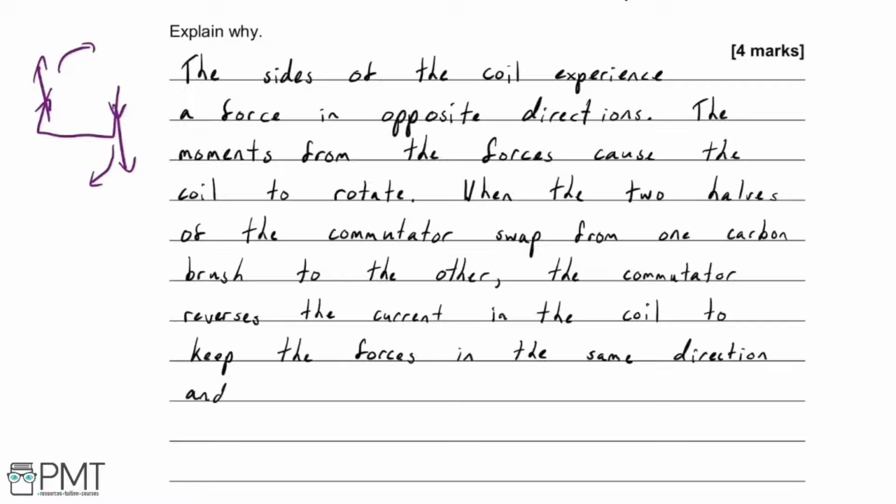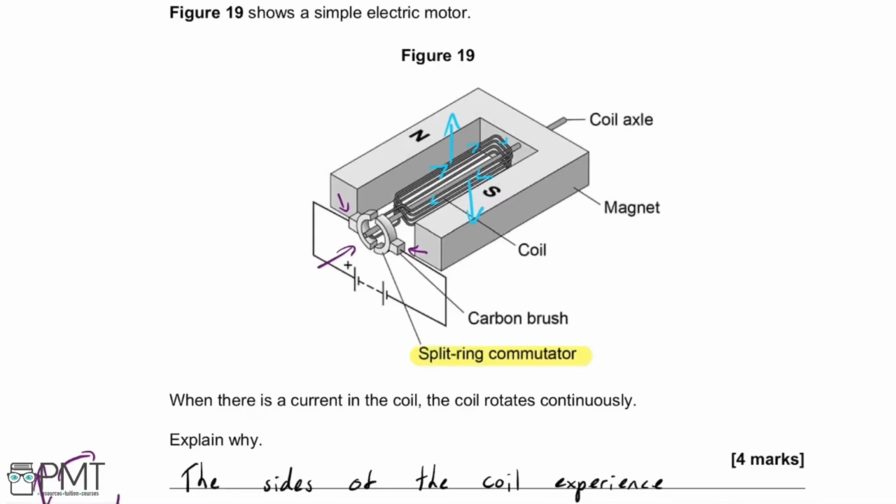So just for that last bit, which I didn't really explain before, if the coil rotates round as it is now, then if I just move these, you saw this side before was going towards the commutator. If it swapped round and we didn't swap the sides of the commutator to the different carbon brushes, then now this side would be going that way and the other side would be going this way. That would mean that the forces were reversed.